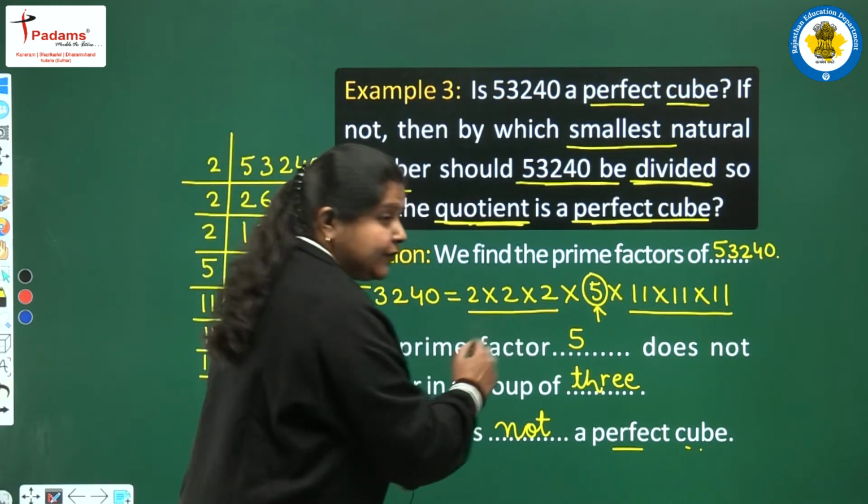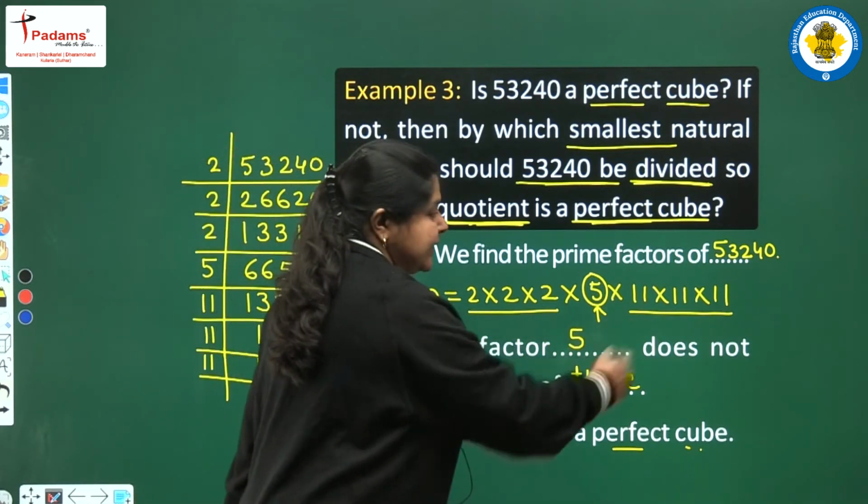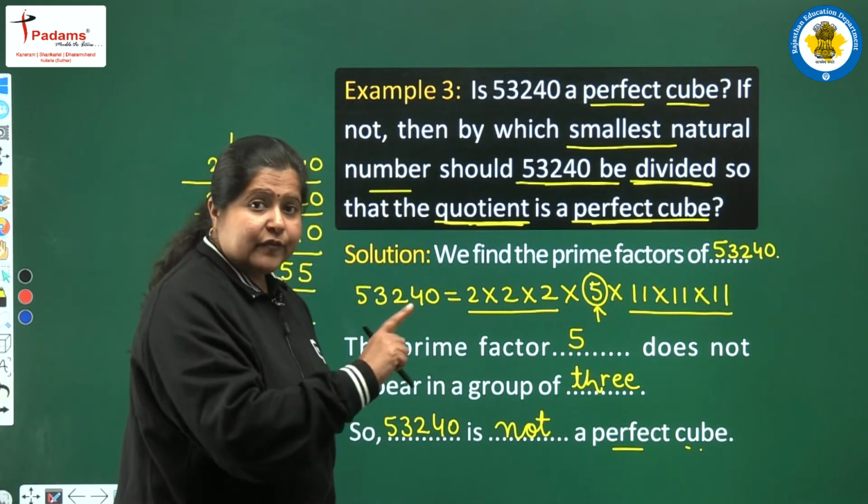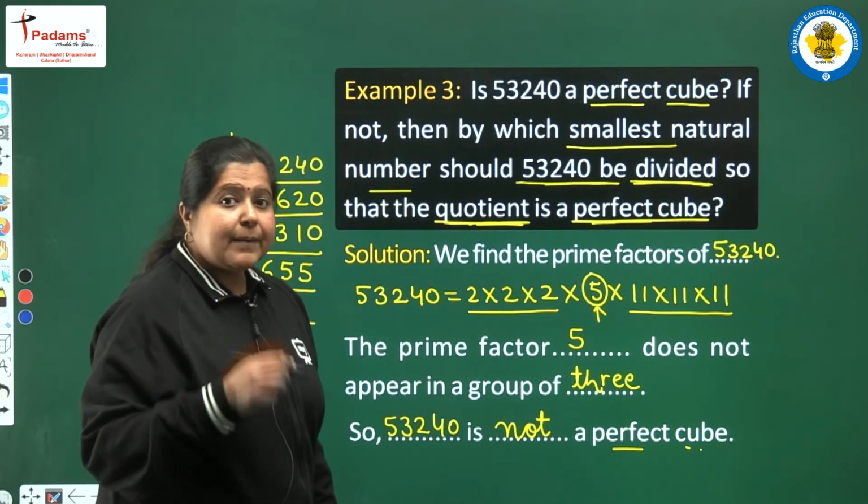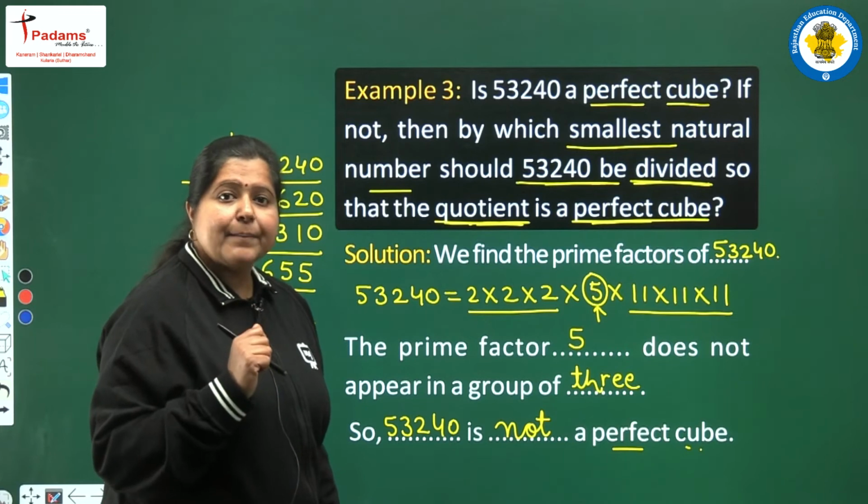Only 2 in the form of a triplet and only 11 in the form of a triplet. तो दोनों फैक्टर्स ट्रिपलेट में होंगे और तब हमें जो नंबर मिलेगा वो होगा एक परफेक्ट क्यूब.